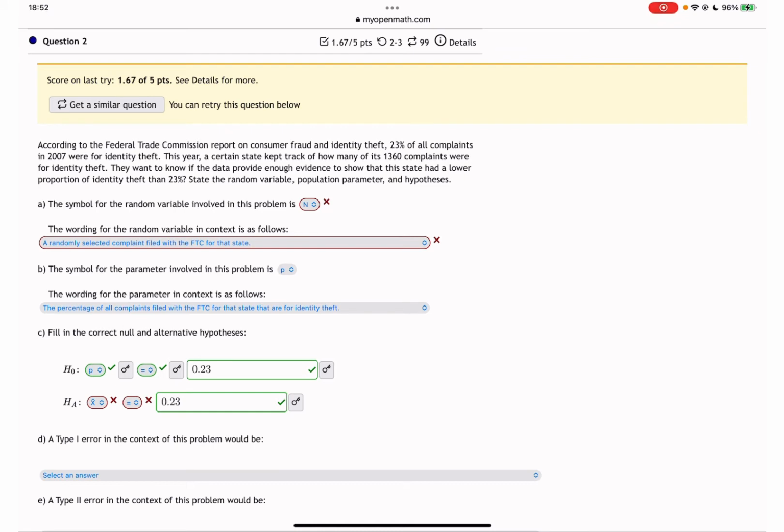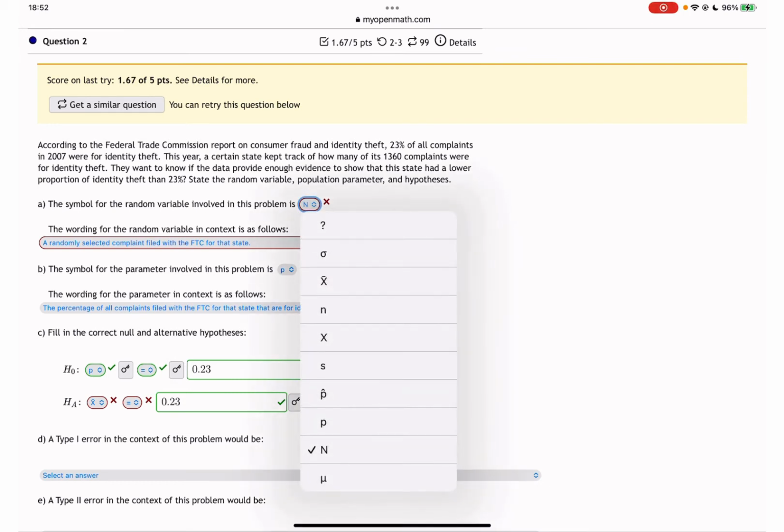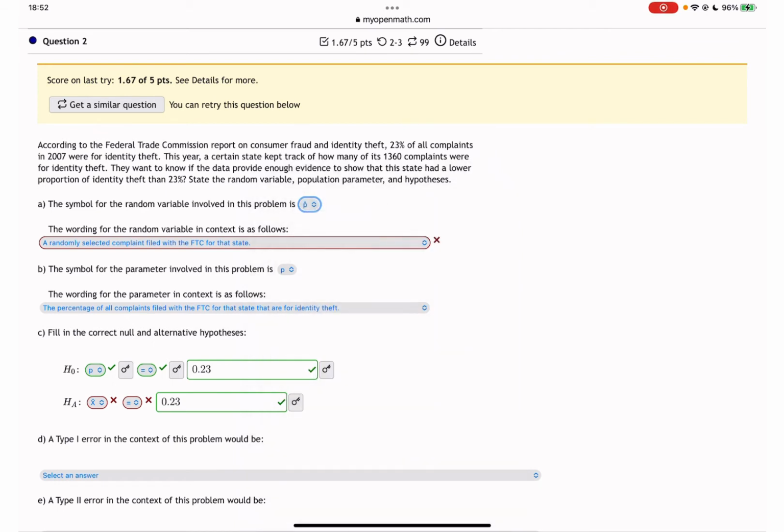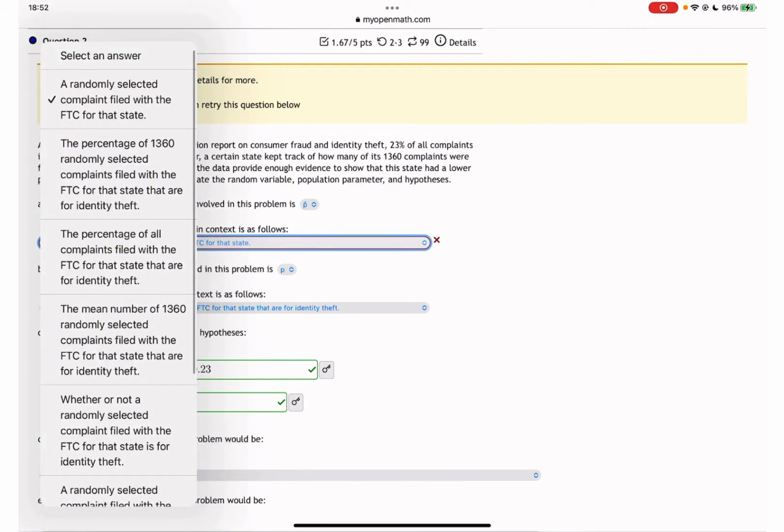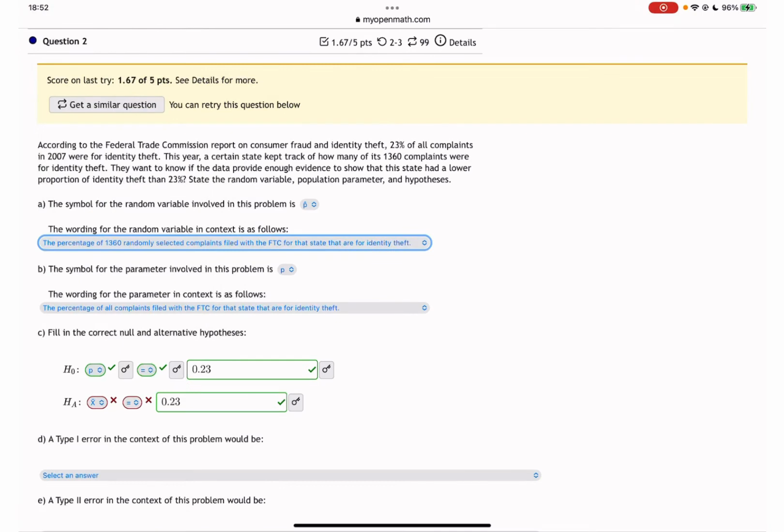And this one also, the symbol for the random variable involved in this problem is P hat. How is it jumping around? And the wording is going to be the percentage of 1,360 randomly selected complaints filed for that state that are for identity theft, this one.